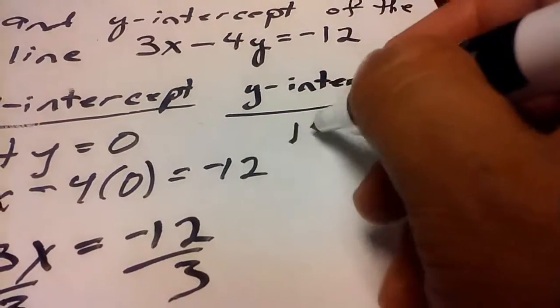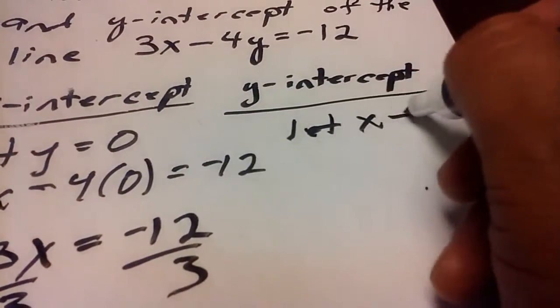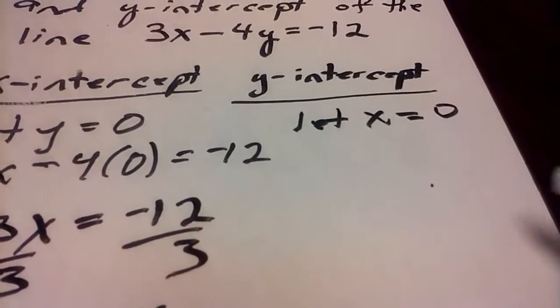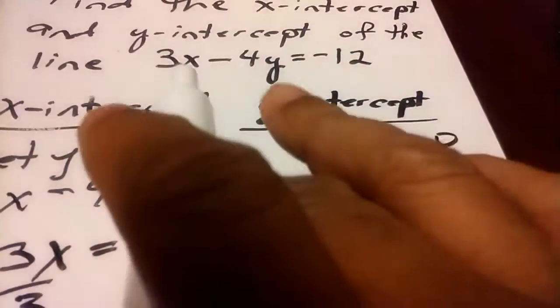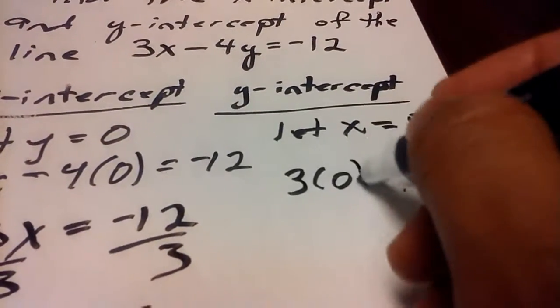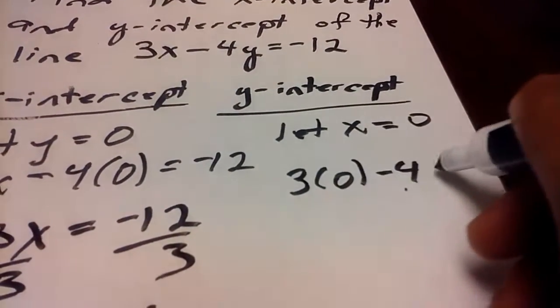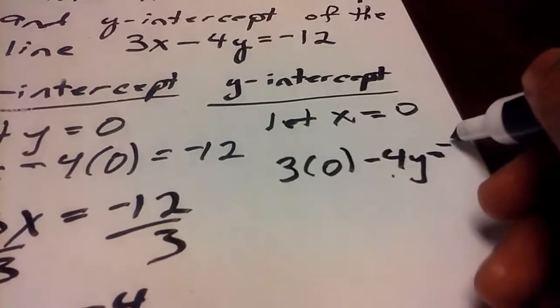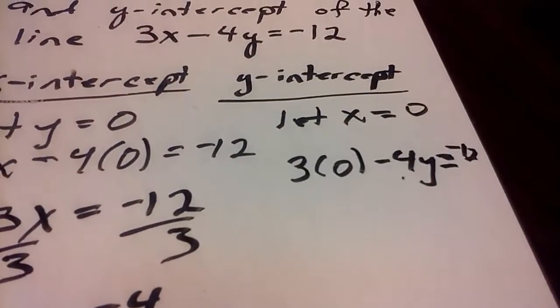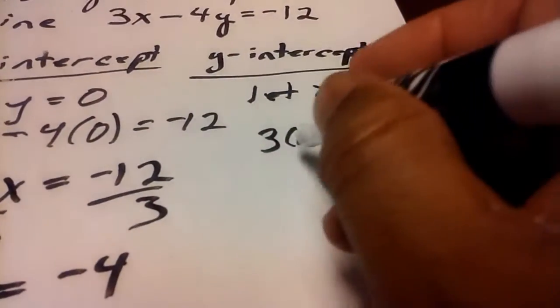Here we let x equal 0. So now we're going to plug in 0 for x. We get 3 times 0 minus 4y equals negative 12, and so that becomes 0.